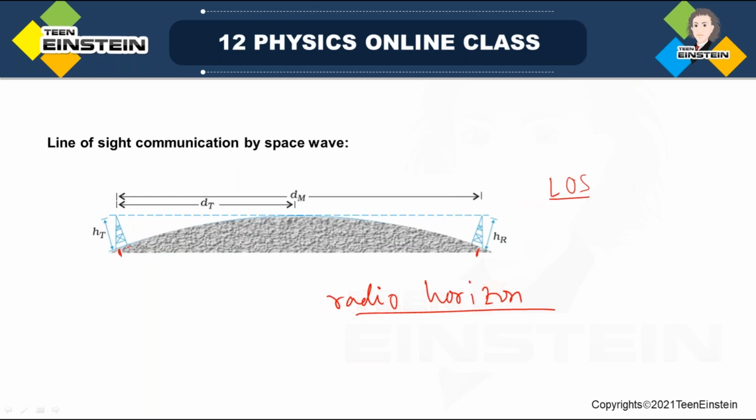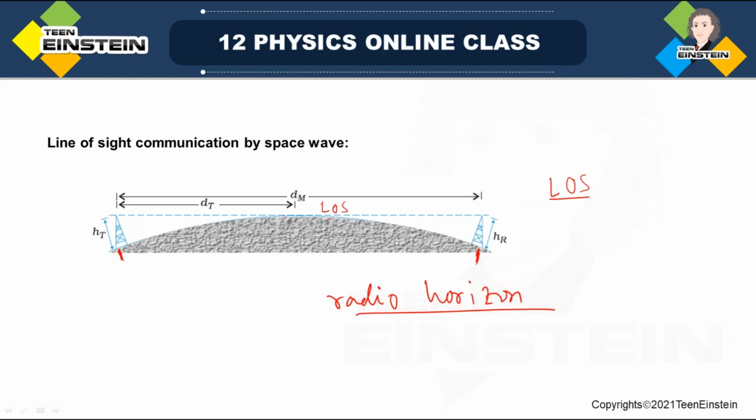Suppose this is the horizon. Now this direct path is called the line of sight path.